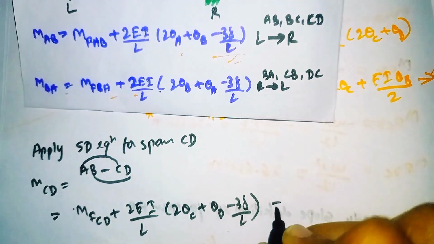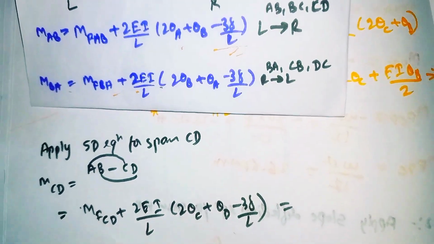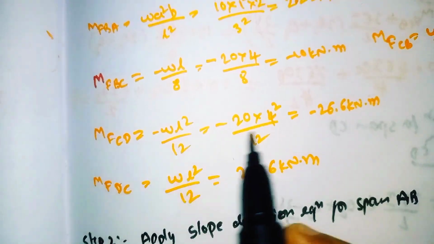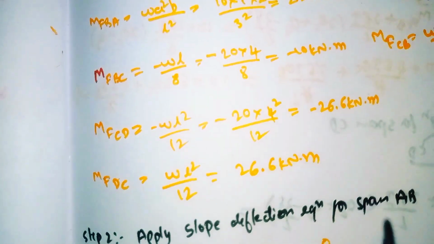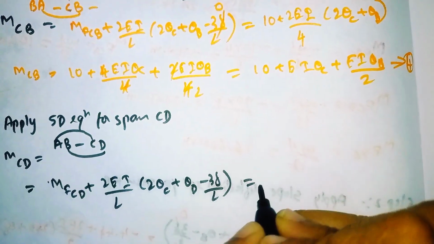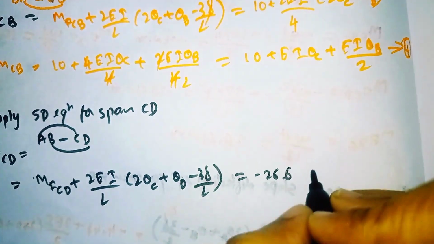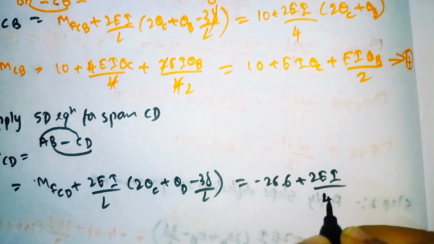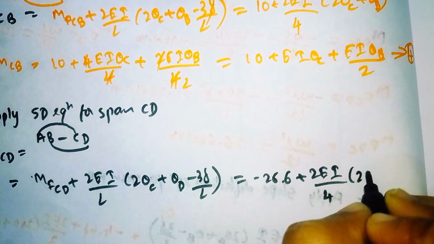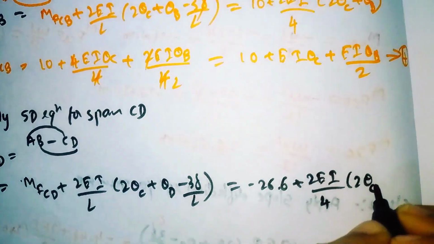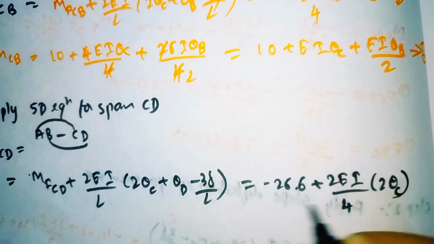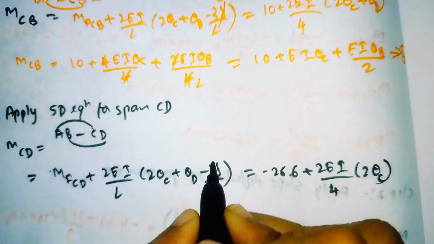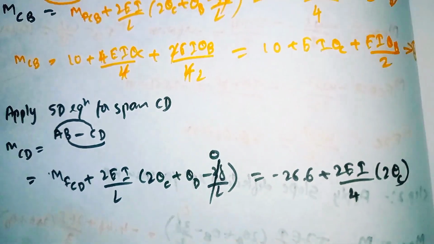So substitute all the values. The MFCD value we got was minus 26.6. Put this value: minus 26.6 plus 2EI divided by L is 4, and 2 into theta C, since C is hinged, it has some value, and theta D, since D is a fixed end, has value 0.